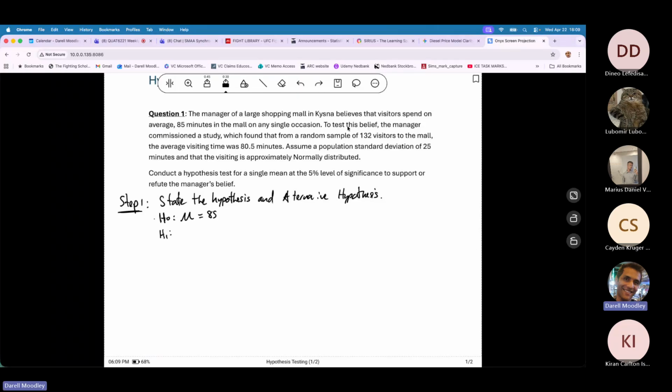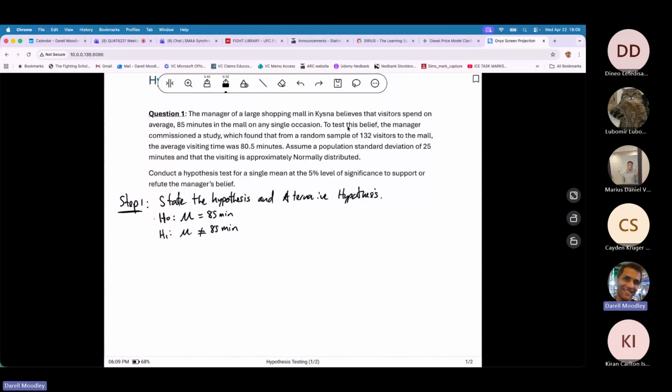All right, you can put the units if you want. It's up to you. H1 will be the opposite of that. So the opposite of equals to is not equals to. That's mu not equals to 85 minutes. So your H1 will always be the opposite of H0.